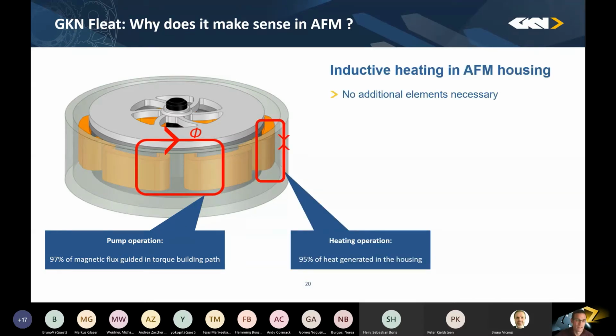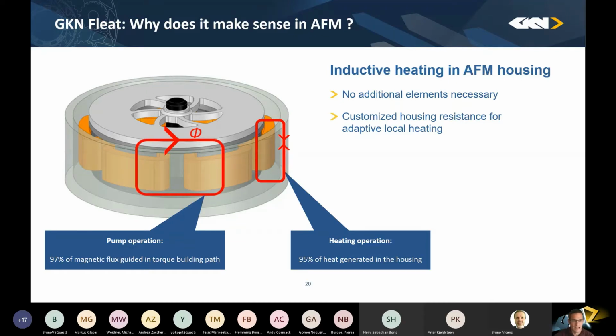But on the other side, we always, or almost always, have a housing for the e-motor anyway. And we essentially can use this or the shaft for our heating operation. And therefore, with an intelligent design of all the elements and customizing the resistance, we can utilize them to produce the heat where we really need it.